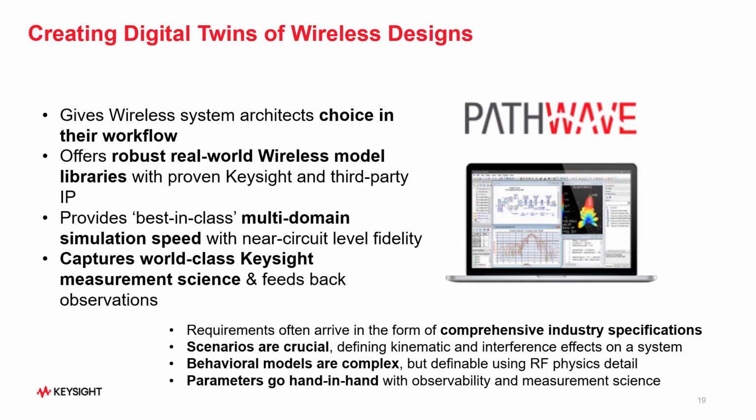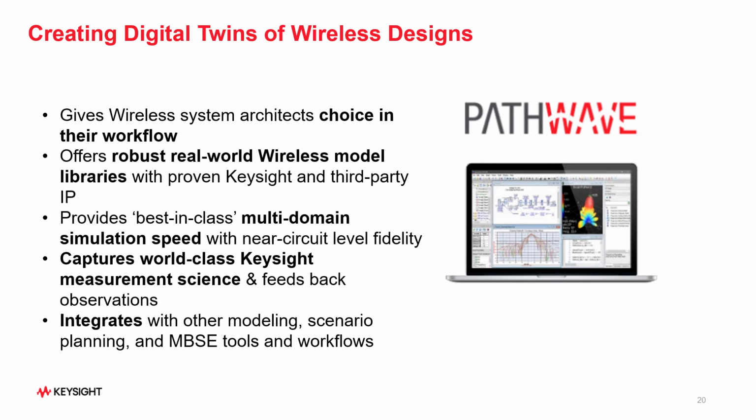Behavioral models are complex but definable under the RF physics detail, and parameters would go hand in hand with the observability and measurement science. So, in summary, MBSC holds the key to earlier and more accurate system capability prediction, which would take digital twin a very long way.